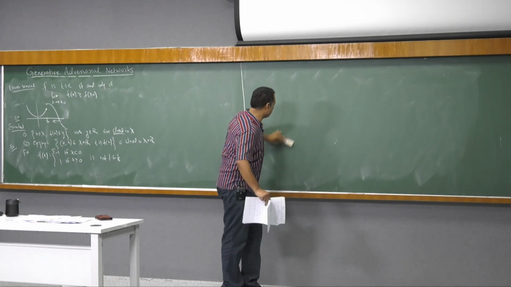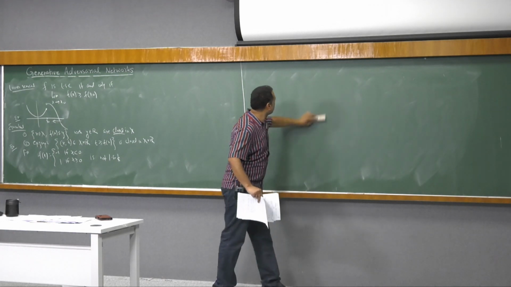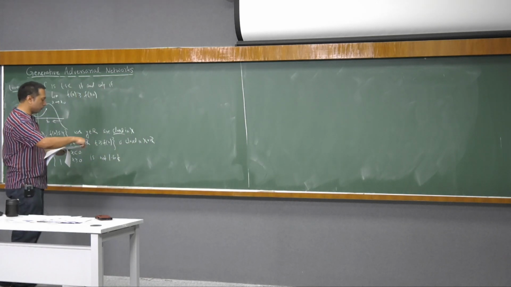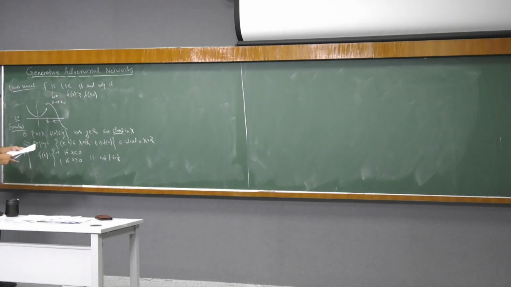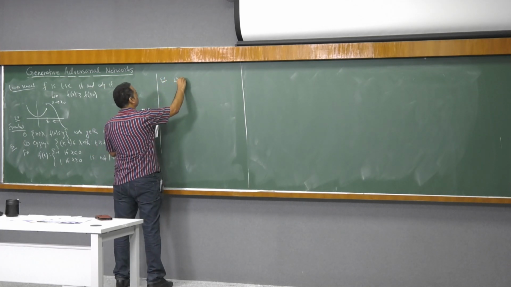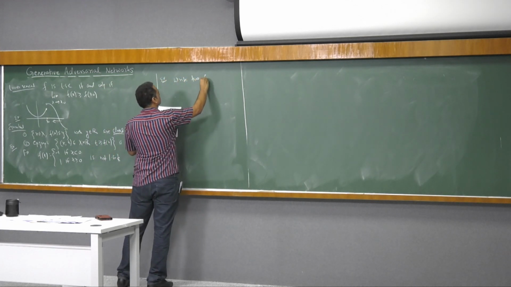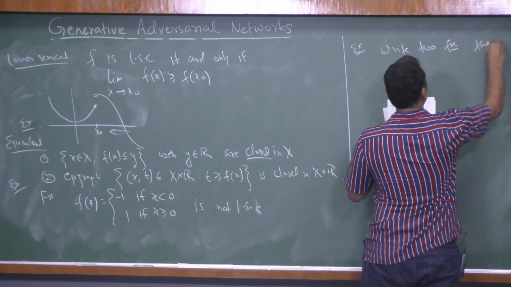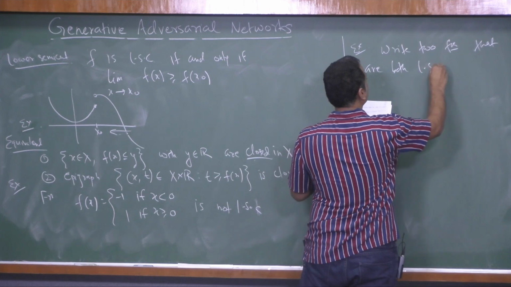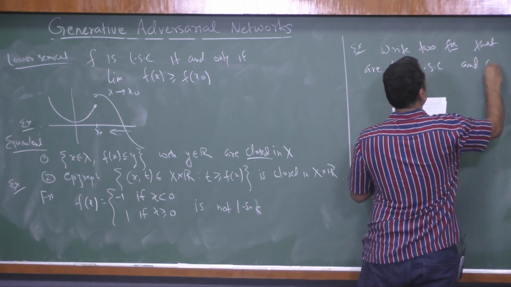So we know that f is convex and some kind of discontinuity is also allowed for f, and then we have this generic f-divergence concept. Additional exercises: write two functions that are both LSC and convex.